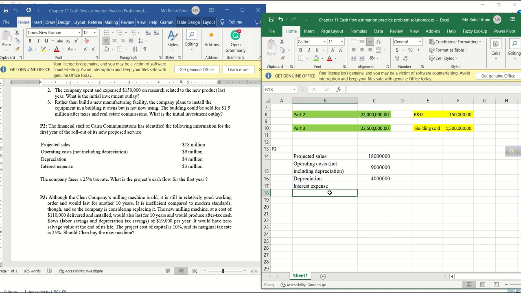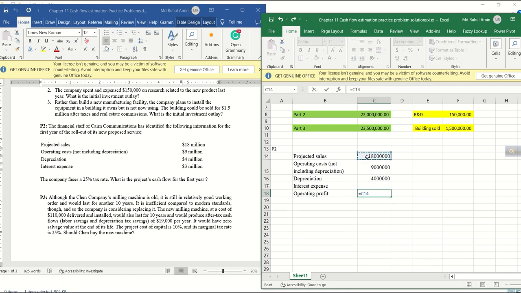So how do we get our operating profit? Operating profit is sales minus operating cost minus depreciation, $5 million. And now we need to consider tax. I mean, we need to deduct tax. Tax at what percentage do we have? 25%.